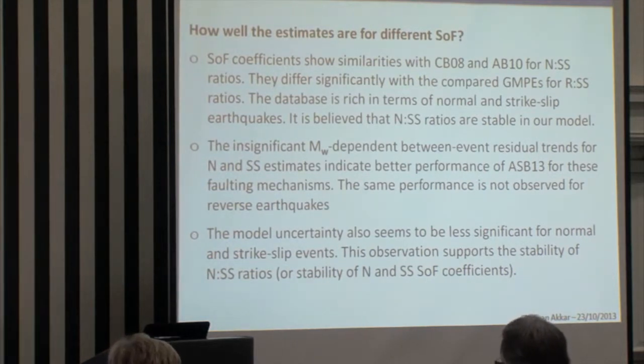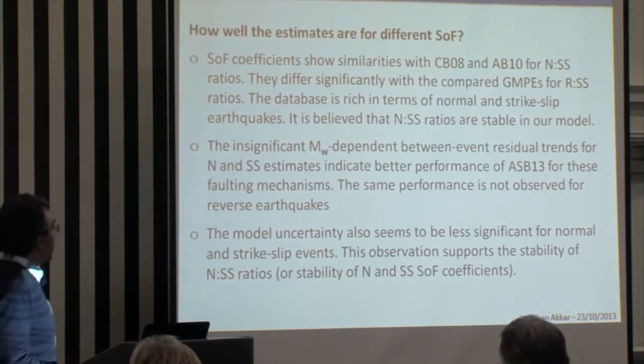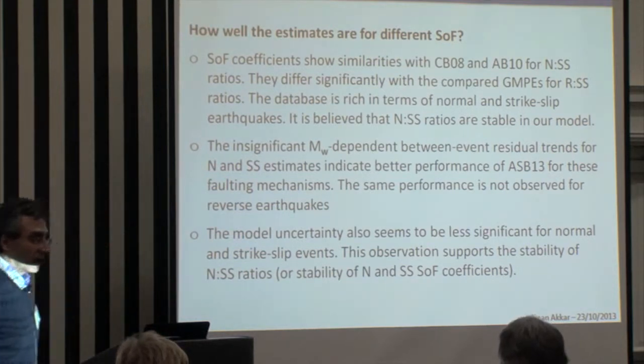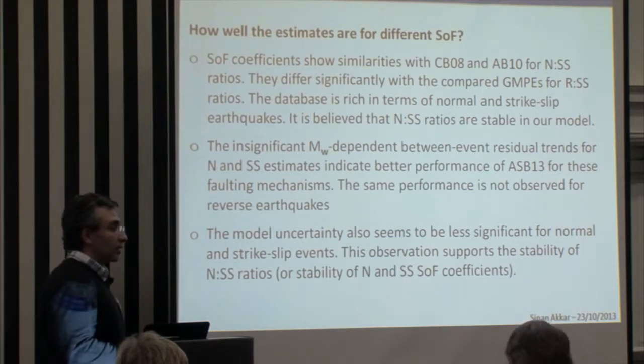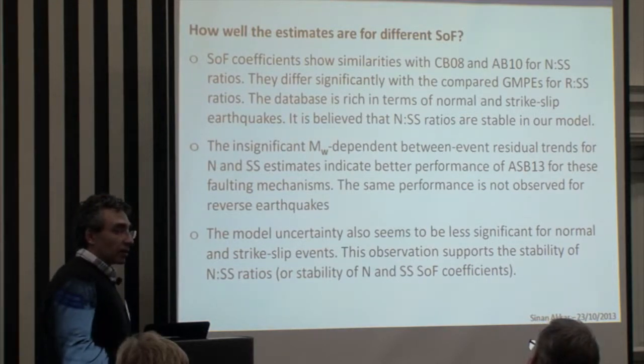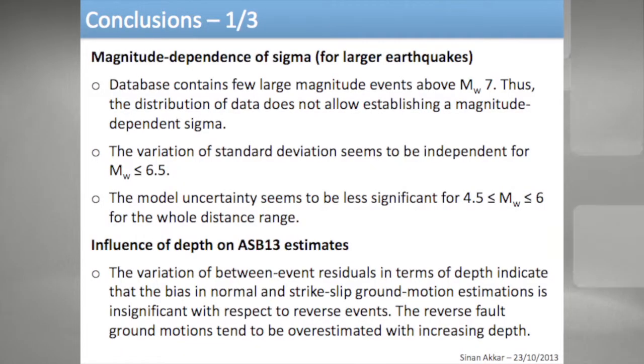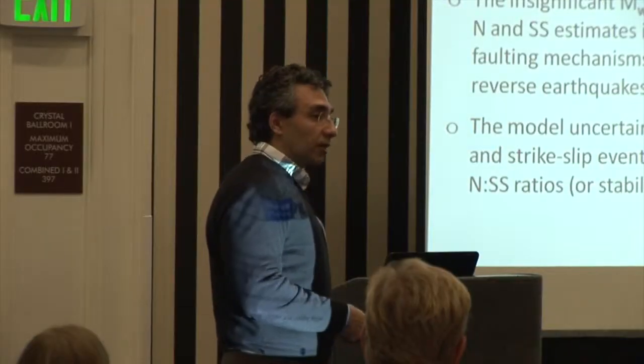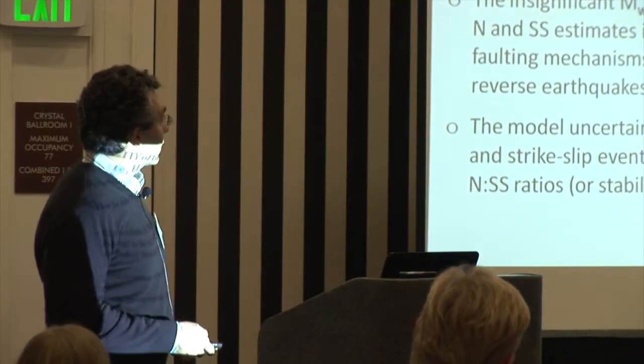How well the estimates are for different styles of faulting: our comparisons with the previous NGA-West 1 project indicate that there is a good match with the Campbell and Bozorgnia predictive model for normal to strike slip ratios, and also with the previous pan-European predictive model, Akkar and Bommer 2010.